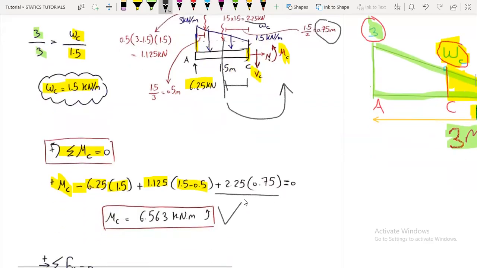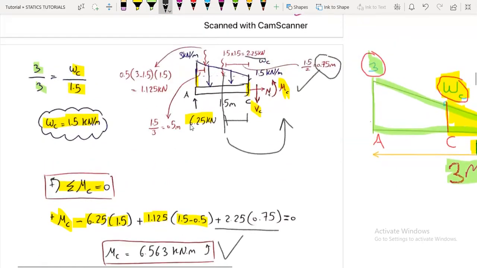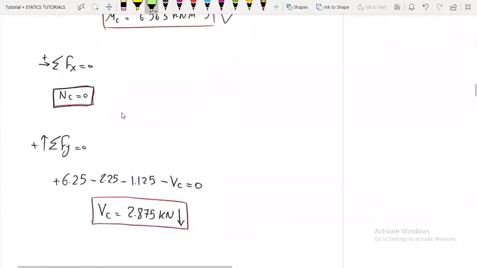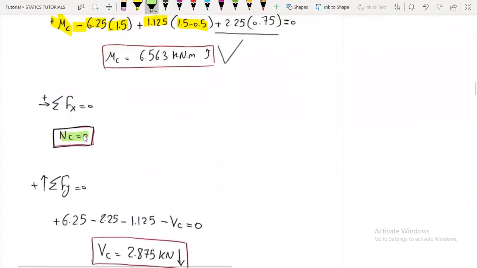So we get the moment at C to be 6.563, and since it's positive, our assumption is correct for the positive sign convention. So it's acting counterclockwise. Now, taking the summation of forces in the x direction, we just have the NC. We don't have any other horizontal component. So NC will be 0.